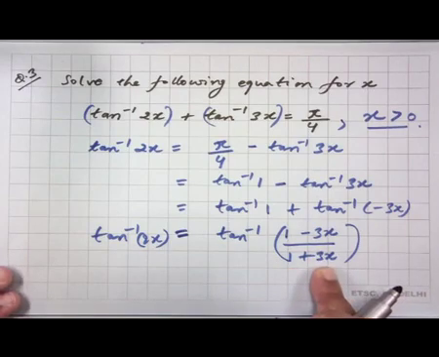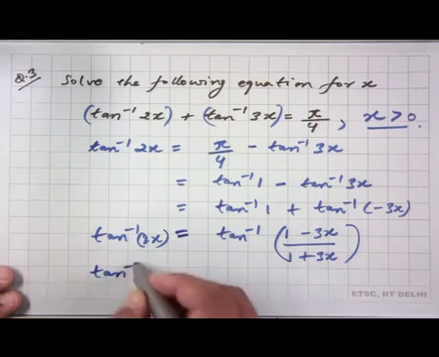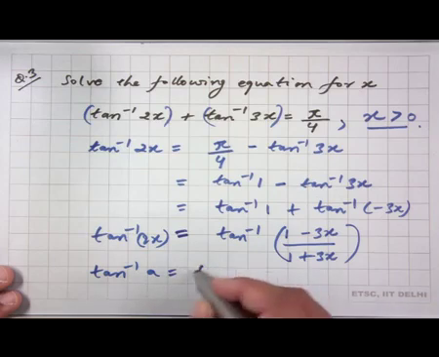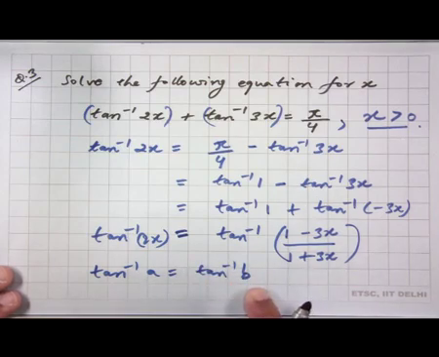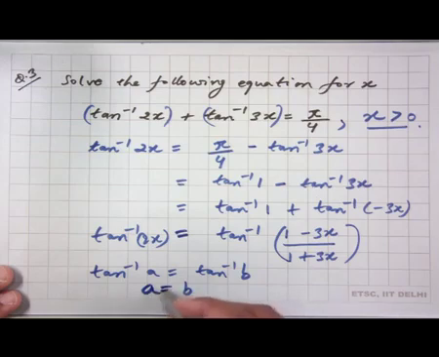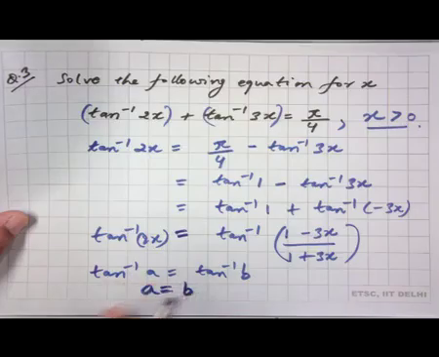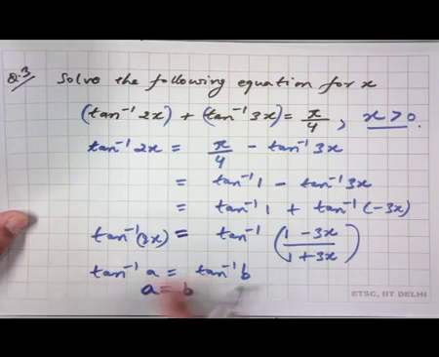Now, clearly, we know that if tan inverse A is equal to tan inverse B, then it must be true that A is equal to B. This can be seen by just applying the tan function on both sides of this equation.